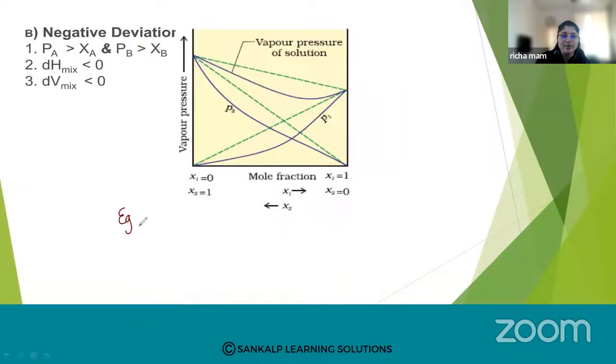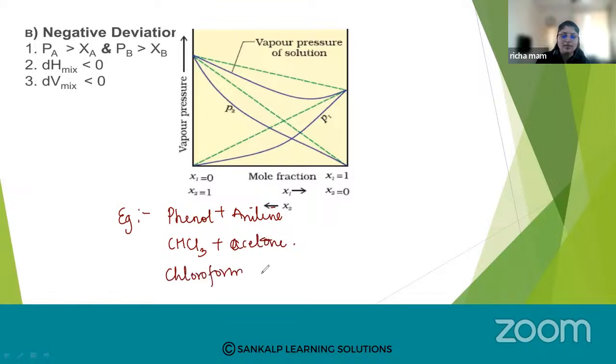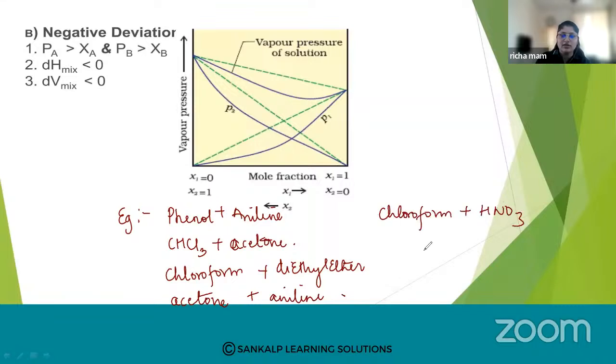Now, what are the examples of negative deviation? Please note them down: phenol plus aniline, chloroform CHCl3 plus acetone, chloroform plus diethyl ether, acetone plus aniline, chloroform plus HNO3, water plus HNO3.